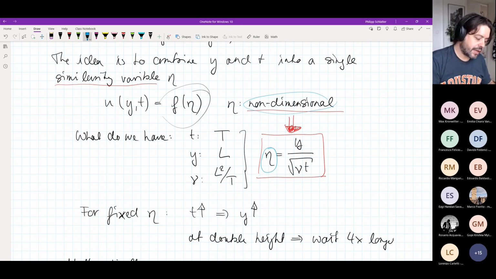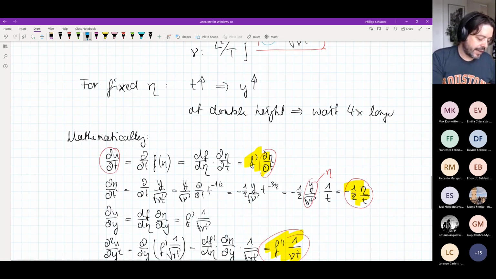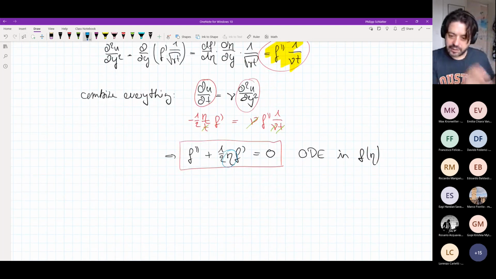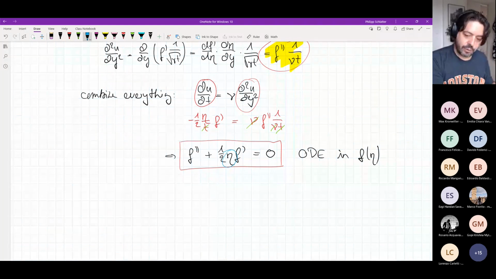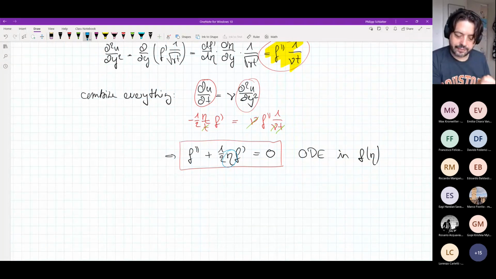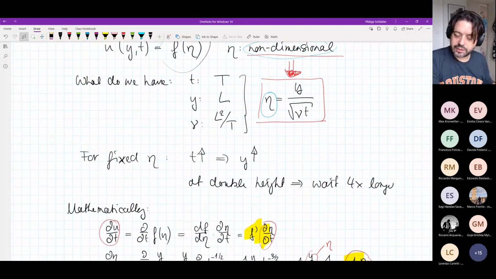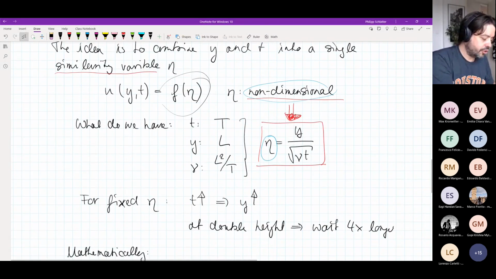So the fact that we could actually find such a similarity transform in a way that everything else disappeared, so the t's and the nu's and the y's disappeared, that we could write it in this way, shows us that we can actually now solve this ODE. Then once we have a solution f of eta, we can then go back using the definition of what eta was to calculate our u as a function of y and t.